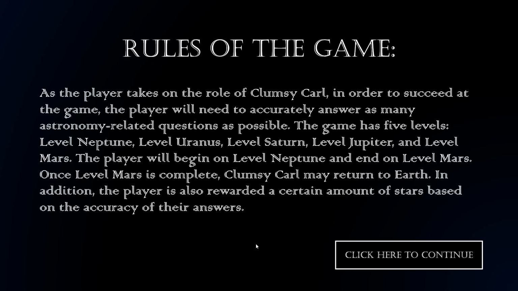In addition, the player is also rewarded a certain amount of stars based on the accuracy of their answers. And regarding some of the trivia questions, there are different topics of astronomy that the questions will cover, such as our solar system, planetary science, constellations, moon phases, and astrophysics. And I'm going to click here to continue.